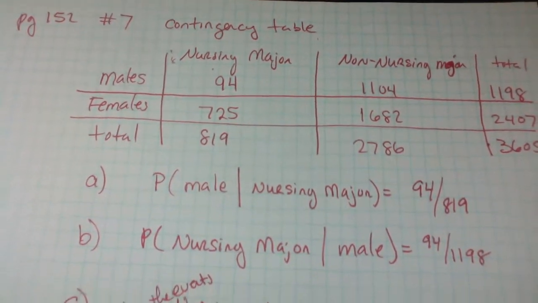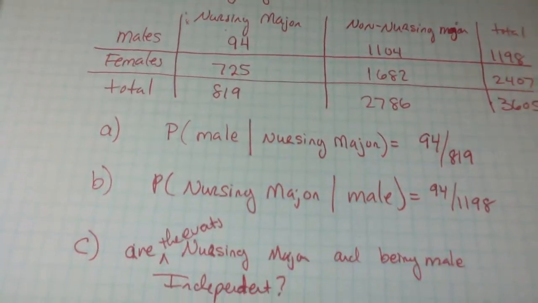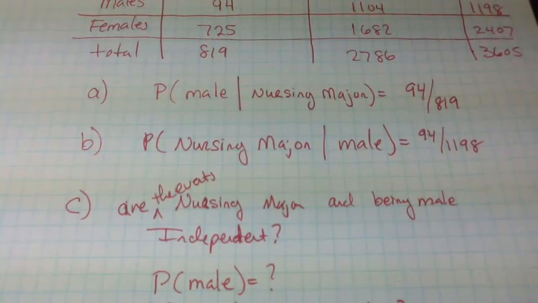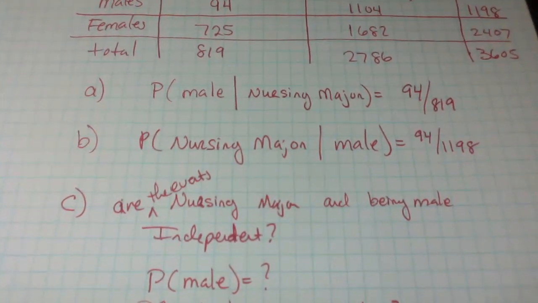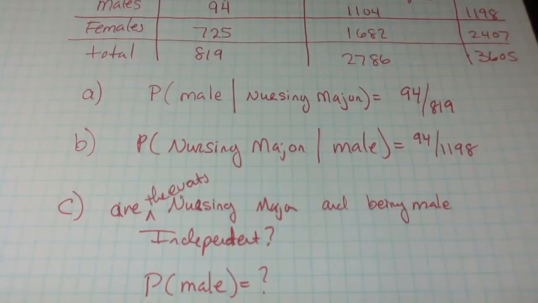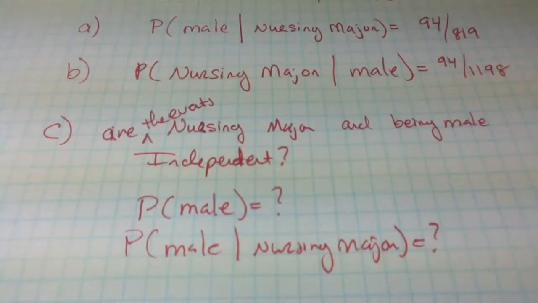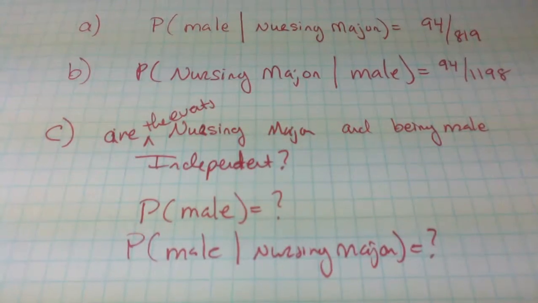Now, there's a third thing that I added because I keep talking about the idea of independence and dependence. It's not in the problem set, but it says, are the events nursing major and being male independent? Well, the way you test it is you see what the original probability of being a male is.